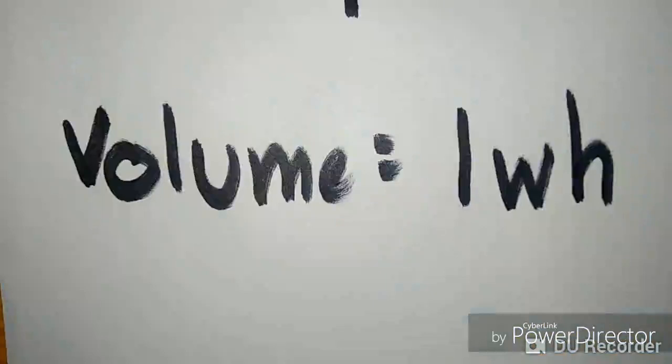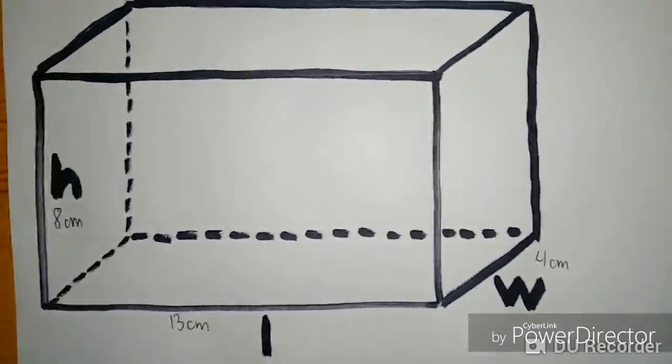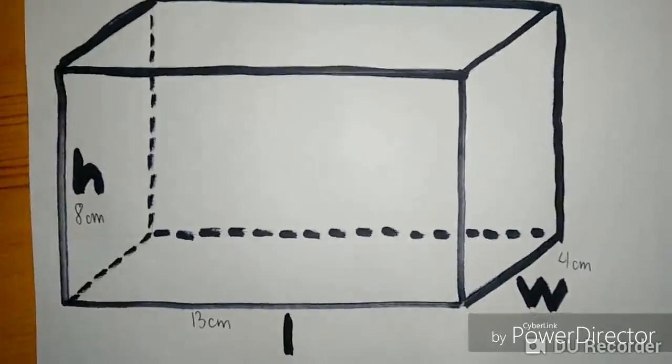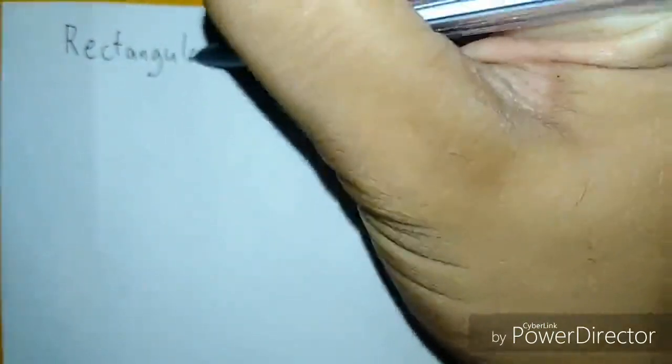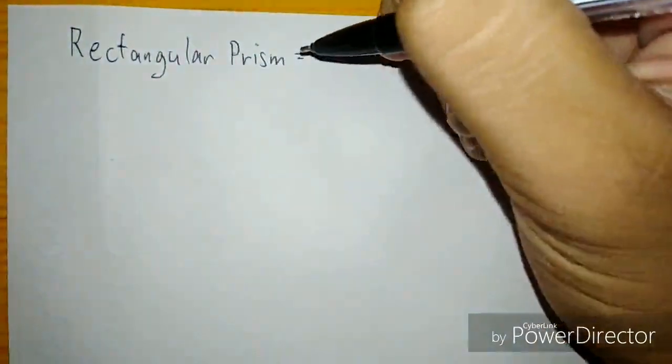The next spatial figure is the rectangular prism, and its volume formula is one of the easiest ones, and it is length times width times height. In this figure, the length is 13 centimeters, the width is 4 centimeters, and the height is 8 centimeters. Now let's go and get its volume. Let's substitute its values.